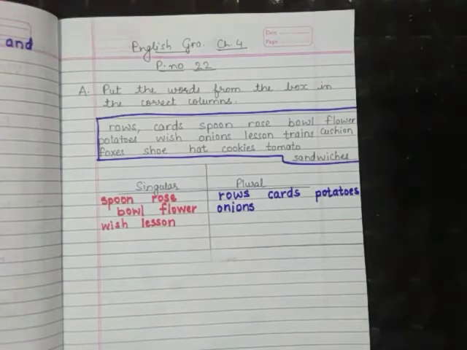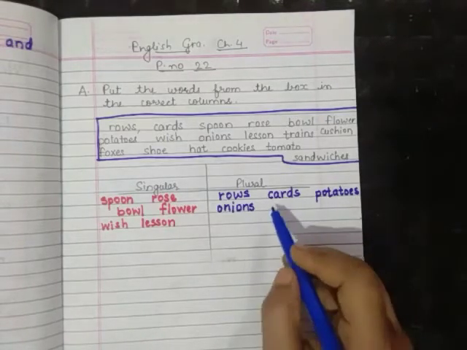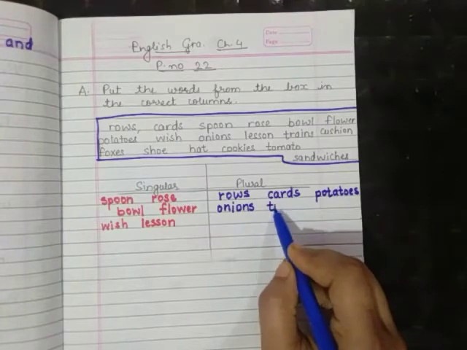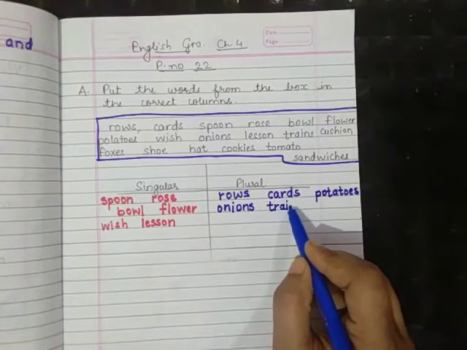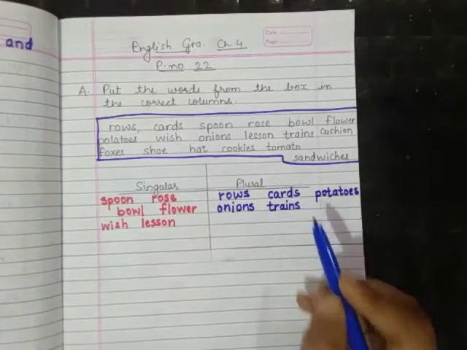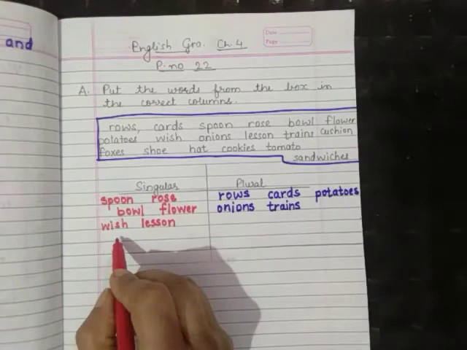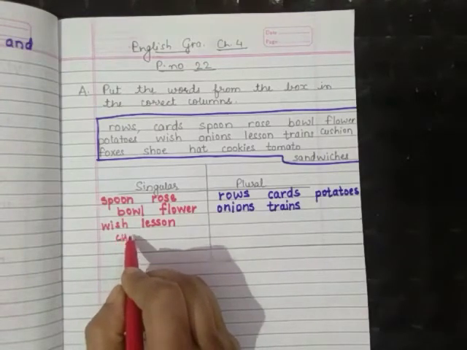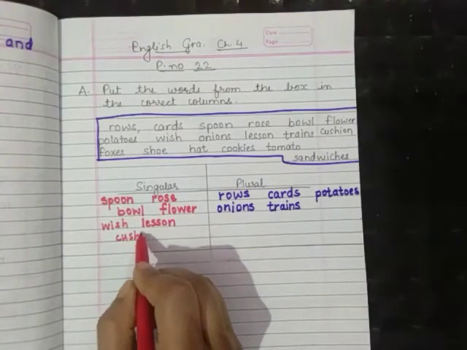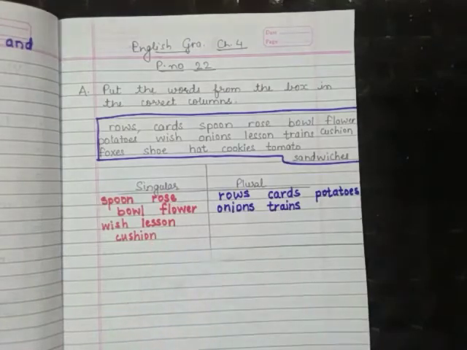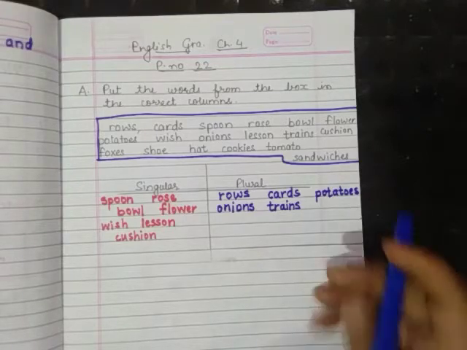The next is trains. It's a plural word, so I'm going to write it in the plural column. The next word is cushion. Cushion. Singular word. C-U-S-H-I-O-N. The next word is foxes. Foxes.